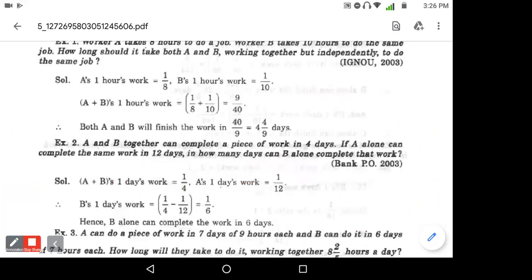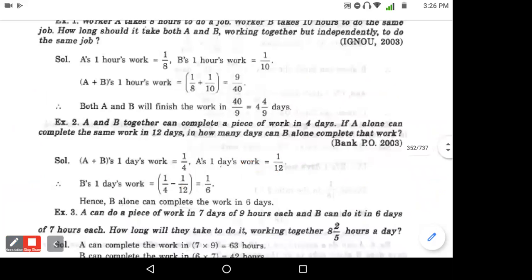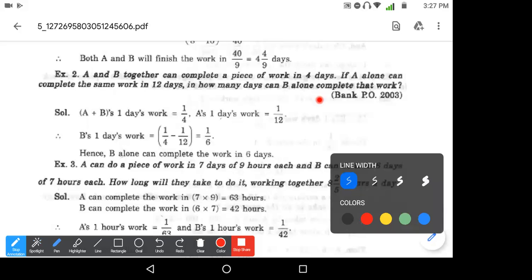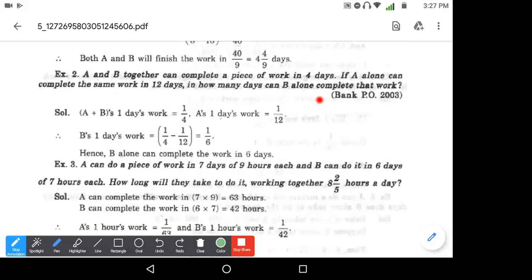Now let's go to the next question. A and B together can complete a piece of work in 4 days. If A alone can complete the same work in 12 days, in how many days can B alone complete that work? So here, first, A and B can complete the work in 4 days.